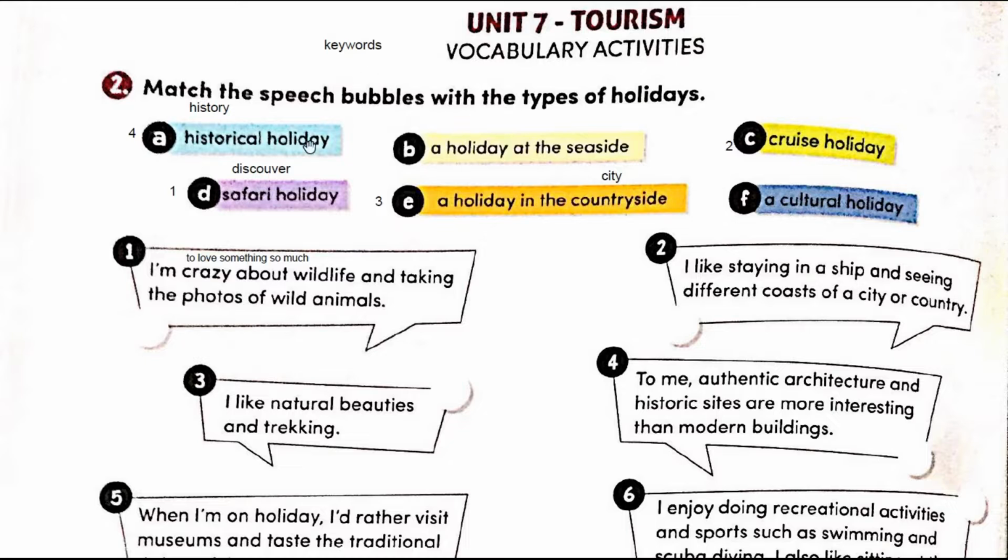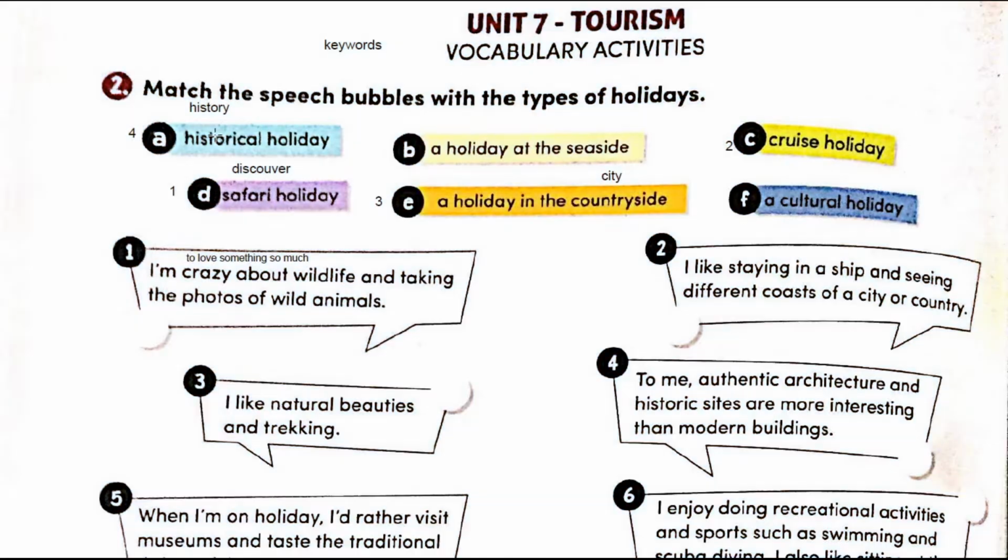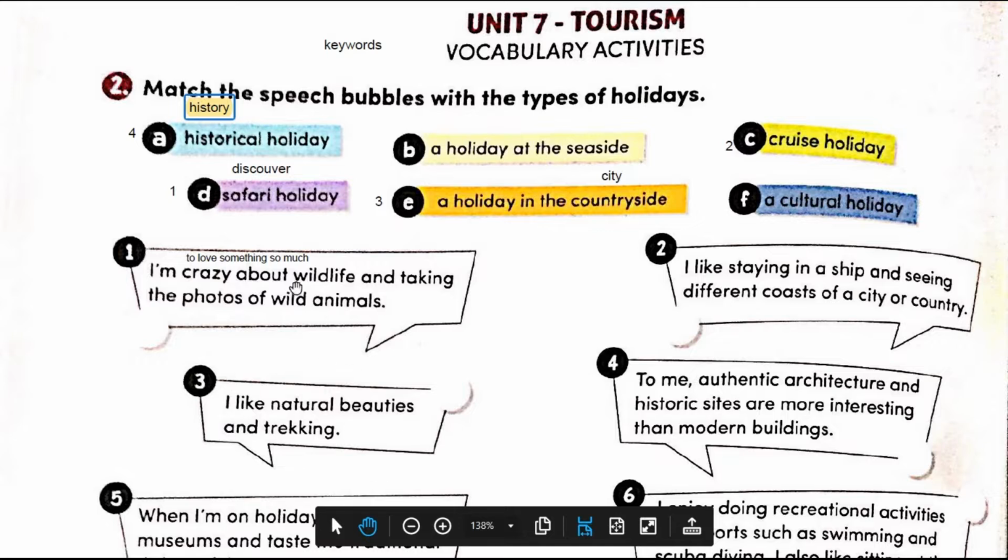It's a hint, all right? So, for instance, we have here historical holiday. When we see historical, we understand that it's about history. Then we can look for words here which have to do with history.